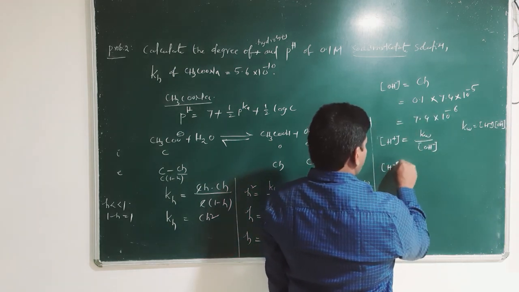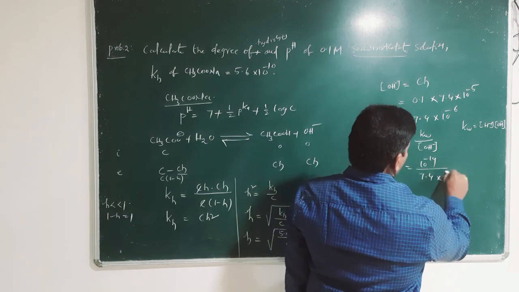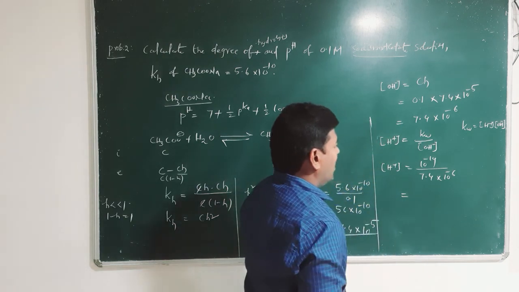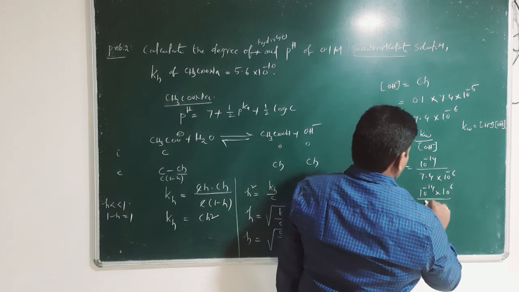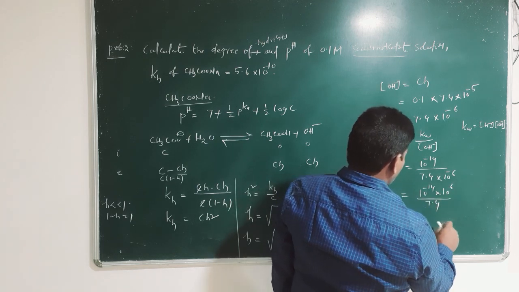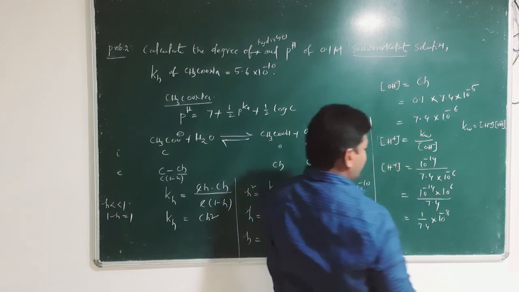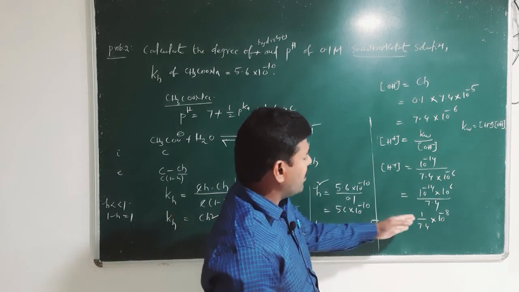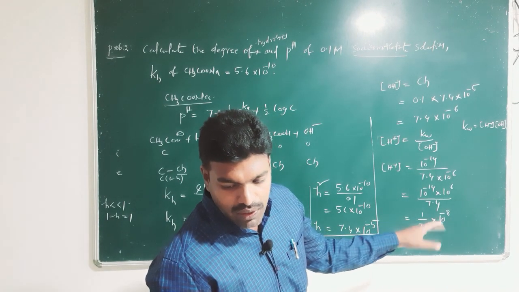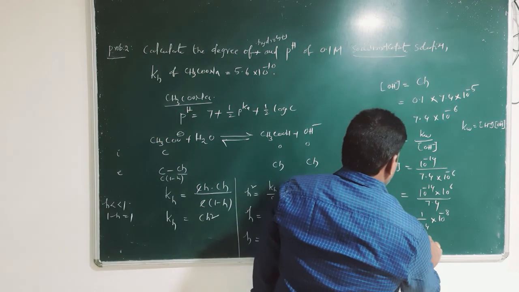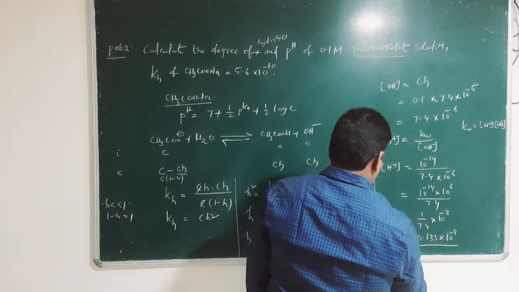So it is 10 power minus 14 by 7.4 into 10 power minus 6, which is 10 power minus 14 into 10 power 6 by 7.4, that is 1 by 7.4 into 10 power minus 8. 1 by 7.4 is 0.133, so 0.133 into 10 power minus 8. This is the concentration of H plus ions.